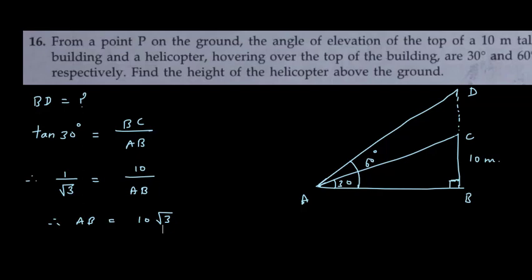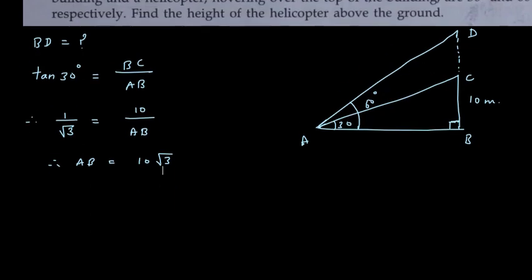Now I will apply this tan 60 degree. When I say tan of 60 degree, it will be height BD divided by AB. Tan 60 degree is root 3, is equal to BD, that is unknown, divided by AB.